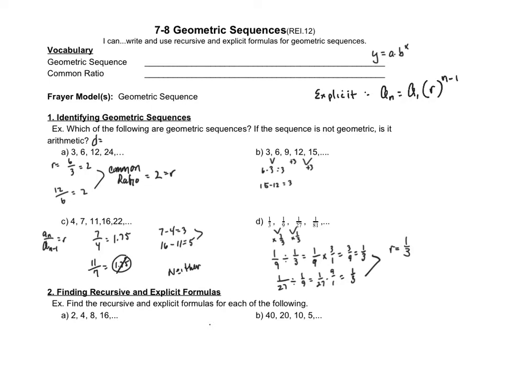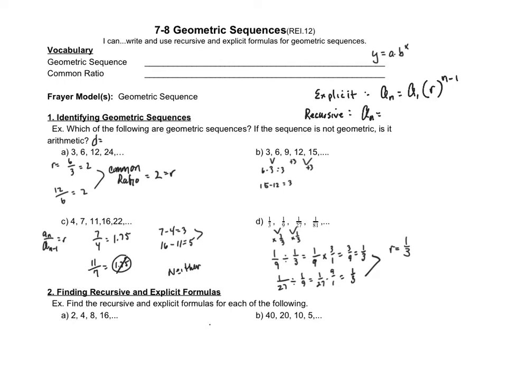That's my explicit formula, and explicit formulas, if you remember, allow you to go to an exact location within a sequence. Now, on the other hand, a recursive formula is going to be a little bit different. Of course, these both will get me everything that I need to know in a sequence, but the recursive formula depends on the previous number in order to find the next number.